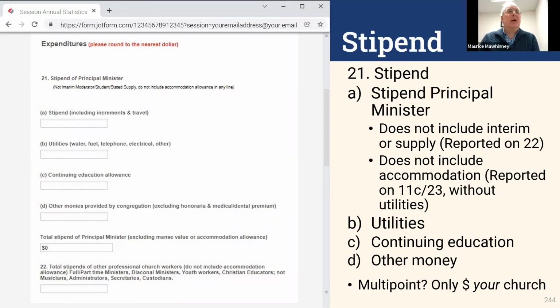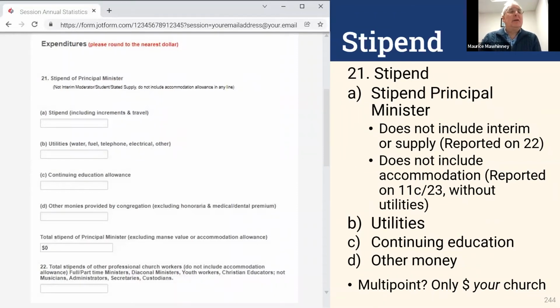Sorry, one thing I should say is that there is anticipation that line 21 in future years may also include all ministers, but it's not in effect for the current year, for 2021. The other item on the line will be any continuing education allowances that you give them.